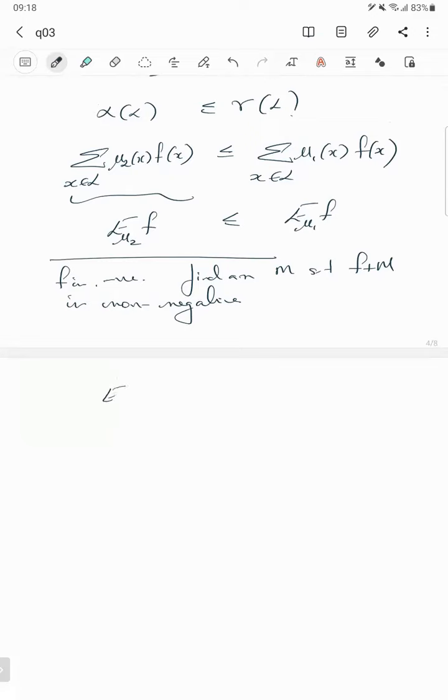Notice that E mu2 of f plus m will be less than or equal to E mu1 of f plus m because of star. The star applies to all non-negative increasing functions. f is increasing, so f plus m is also increasing. Moreover, m is chosen such that f plus m is non-negative.